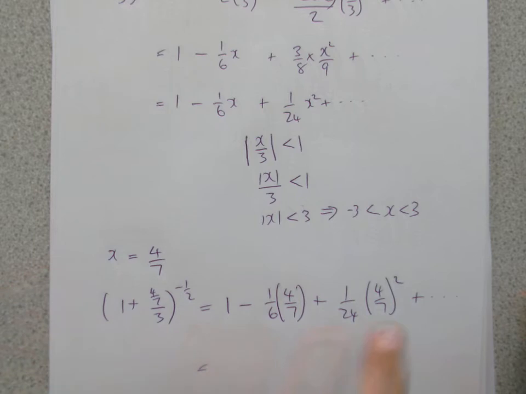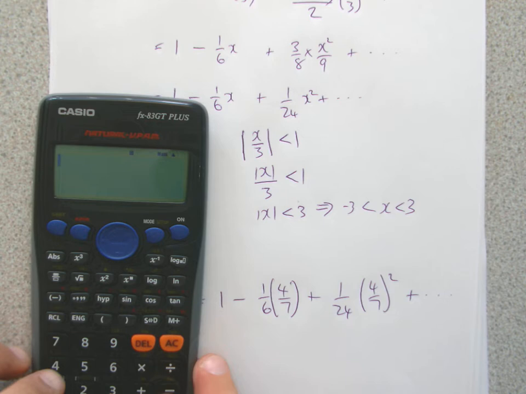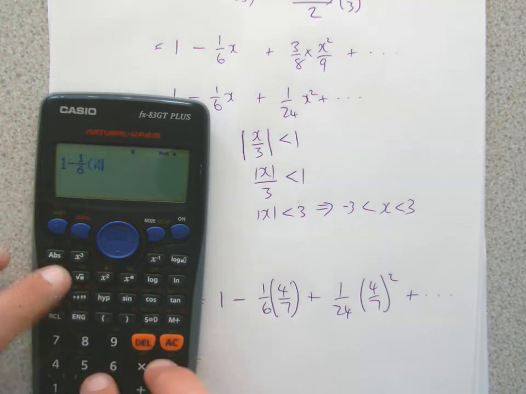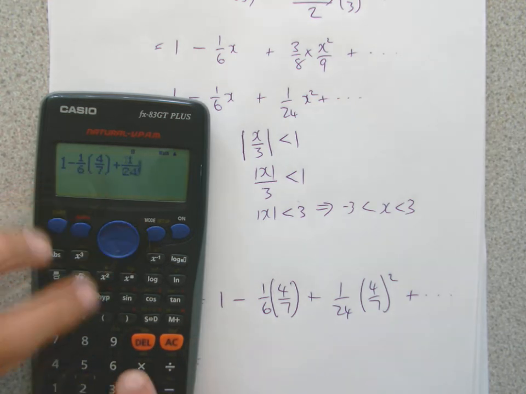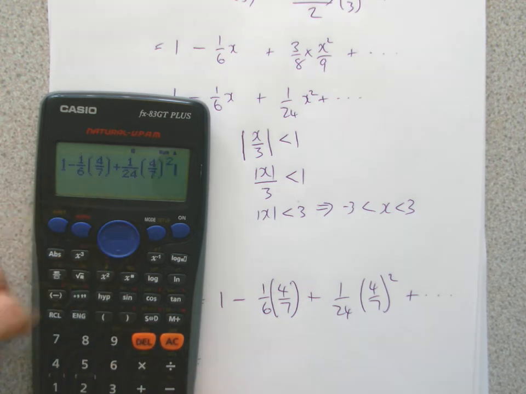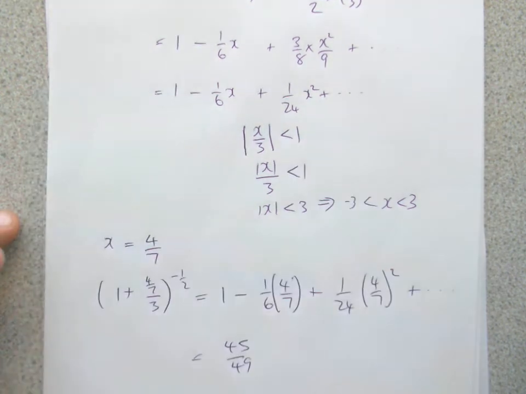Now you can work this out on your calculator on this right hand side, nice and easy. So we'll do that in one go: 1 minus 1/6 times 4/7, use the fraction button, plus then 1/24 times 4/7 squared. You work all that out on your calculator, and it comes out to be 45 over 49. Quite nice there.